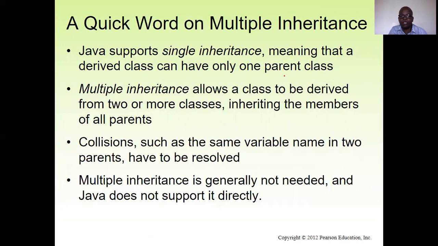A few more quick words. Single inheritance is supported in Java, which means that a child can only have one parent. There's a way to get around it, but that's when we talk about interfaces and polymorphism.